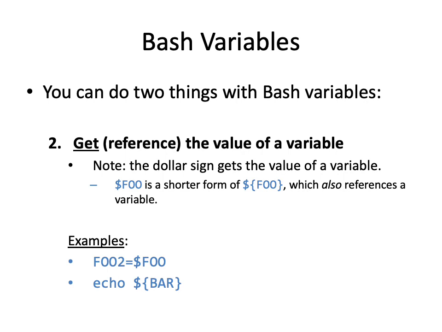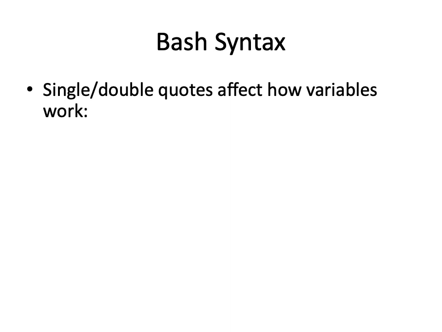So for example, you can have foo2 equals $foo. It's just copying the value of foo into foo2. If you want to print out the value of a variable, you could do echo, which prints something to the screen, and then you could have either $bar or ${bar}. Either one will work.